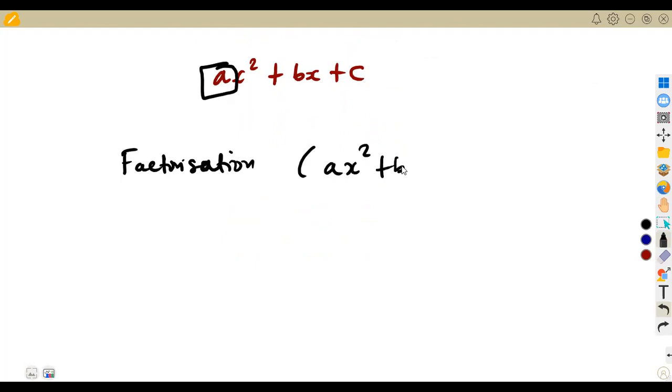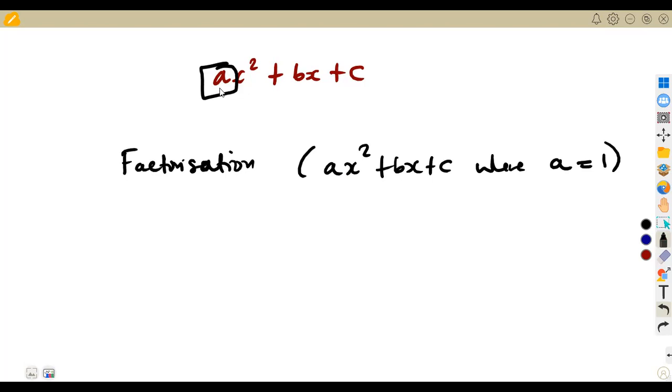Now, a can be equal to any number, guys. It can be 2, it can be 3, it can even be negative, but we want to consider the special type where a is equal to 1.